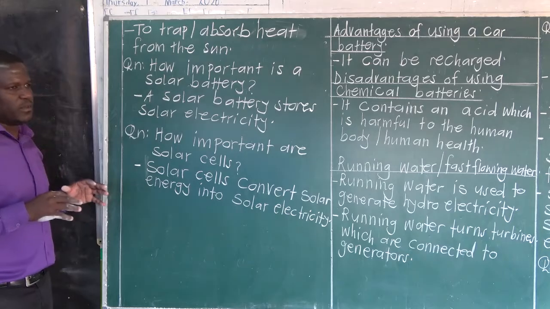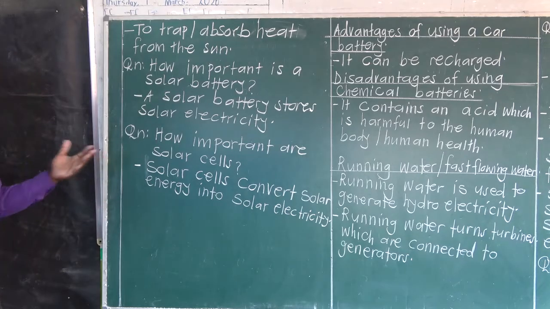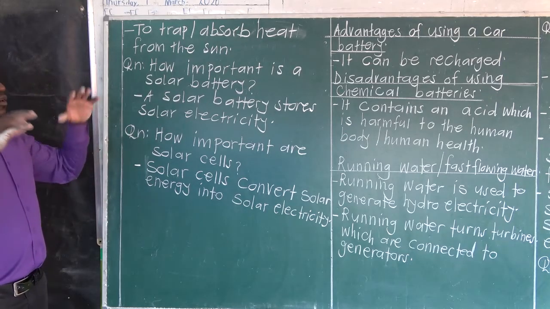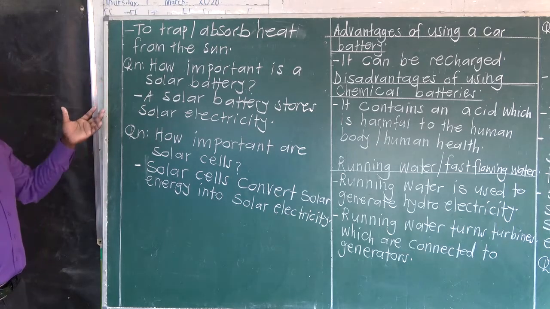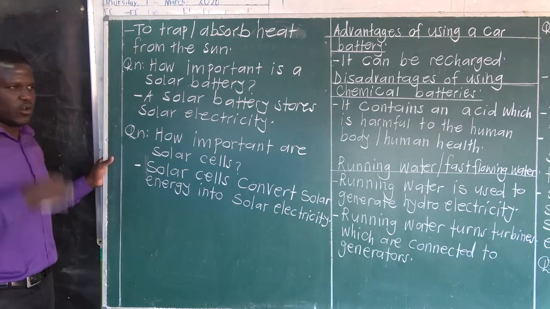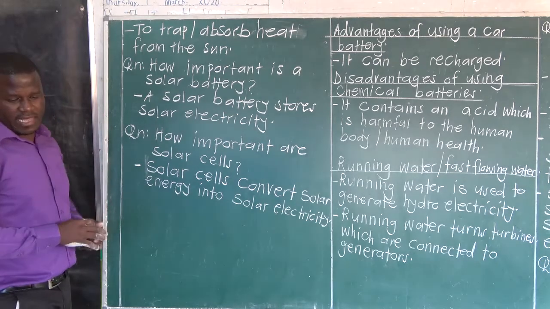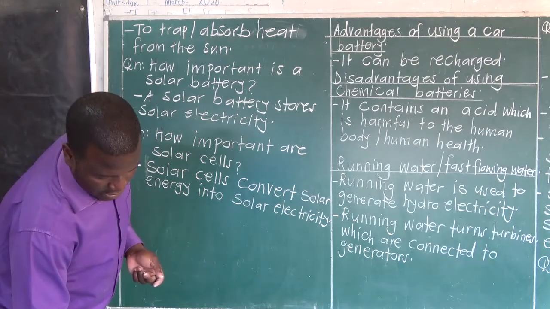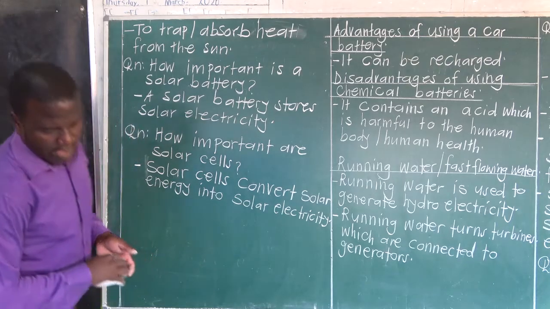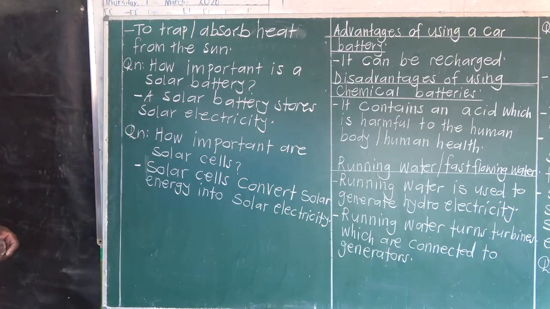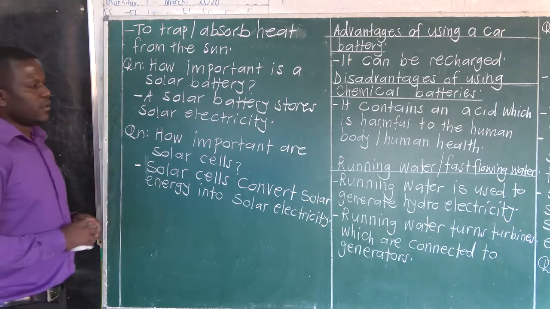So the reason why solar panels are put in an open place is to be able to get energy from the sun or heat from the sun directly. So that is about the sun as a source of electricity.